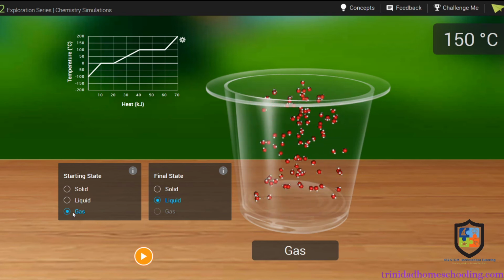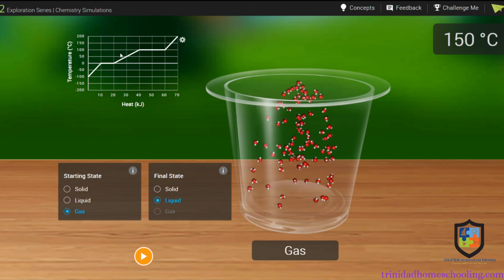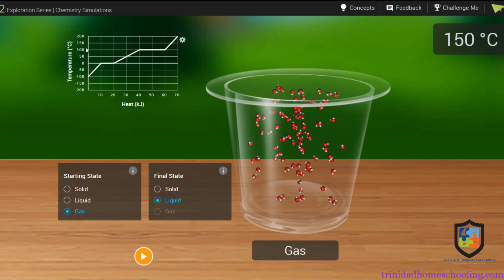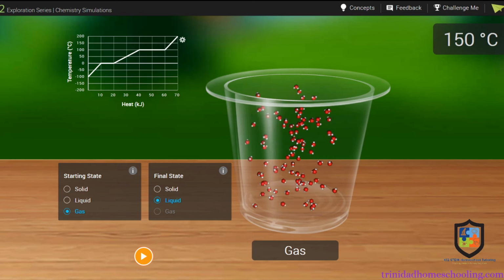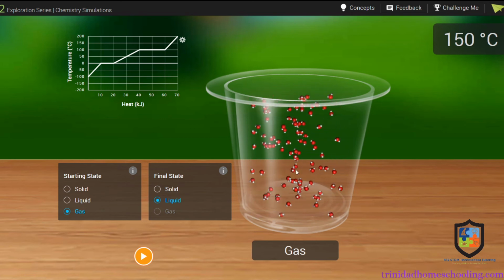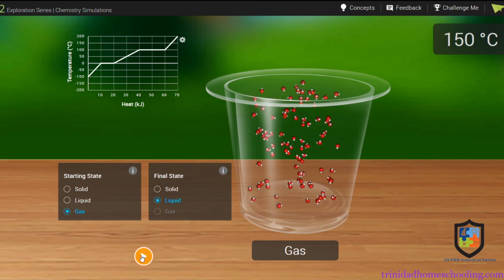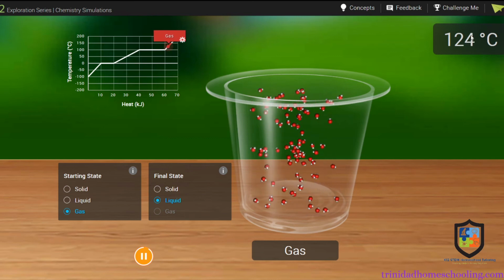Now we're going to move from gas to liquid. So again, we're going to keep our eye on the graph. We'll be starting at 150 degrees Celsius, keeping an eye on the temperature and on what is going on inside of this glass. I'm going to click start, and we're seeing the temperature is decreasing.